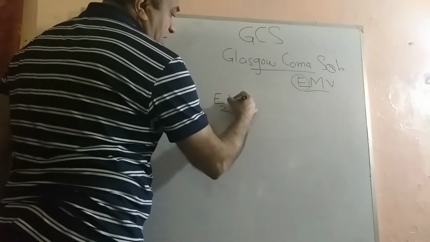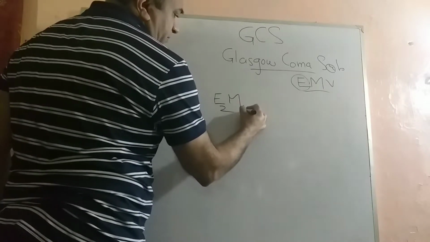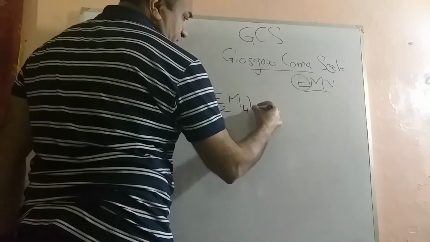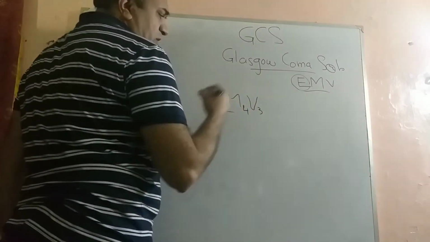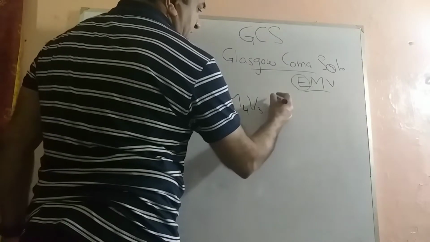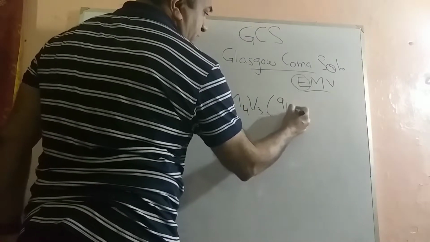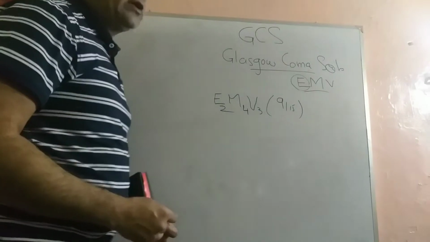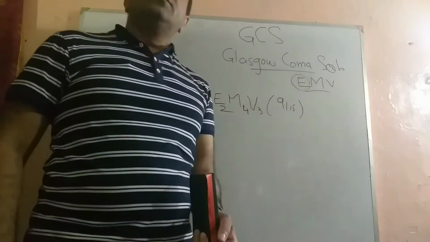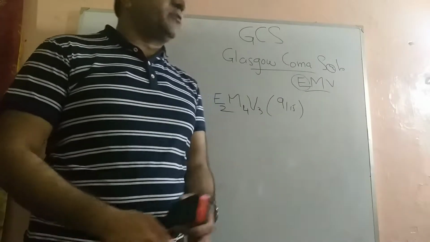We'll give M4. And patient is producing incomprehensible sounds. That would be V3. So if I make it total, 2, 4 and 3, 9, it would be 9 by 15. Patient is falling in the moderate category, but this is the best way of writing down the EMV or the GCS of the patient.